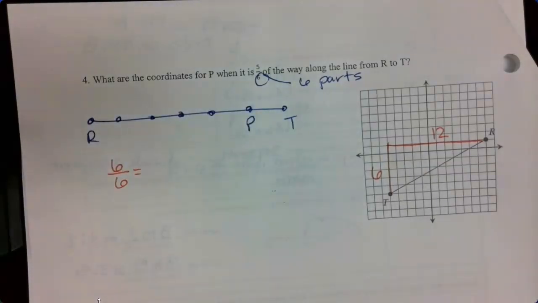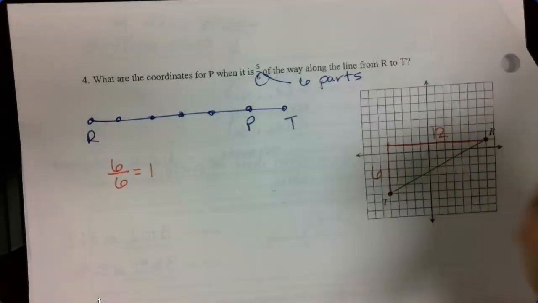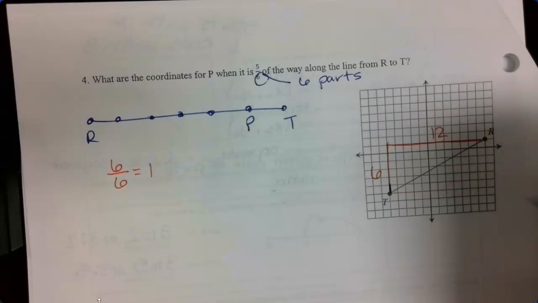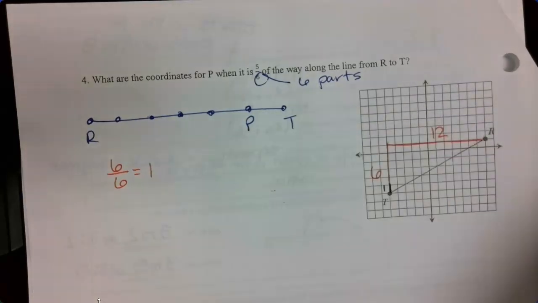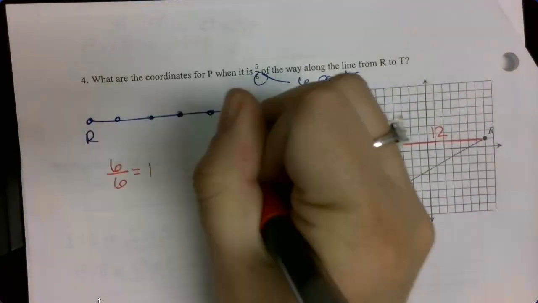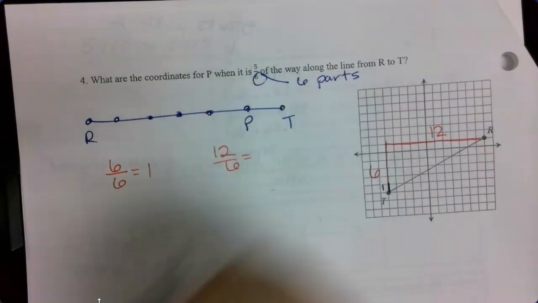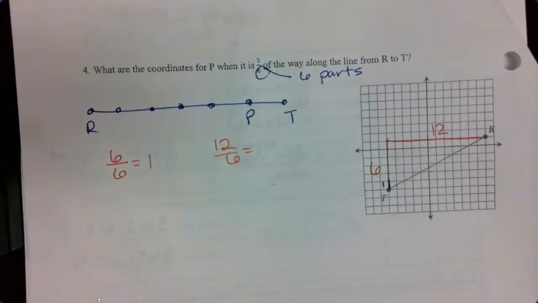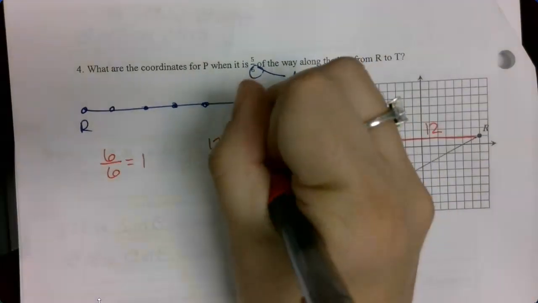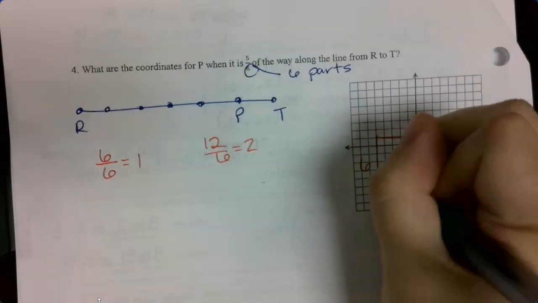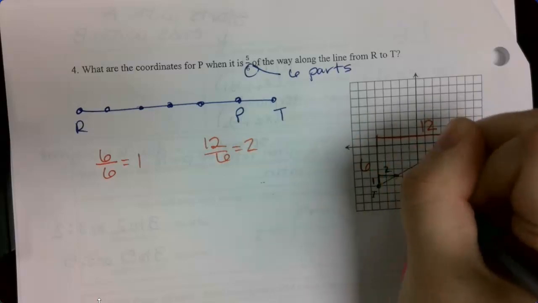6 divided by 6 is 1. So for my new one, I'm going to go up 1 square. And then I'm going to do 12 divided by 6 to figure how many I want to go right. 2. So I'm going to go 2 to the right and put my point.